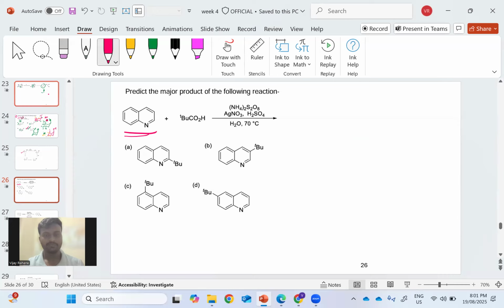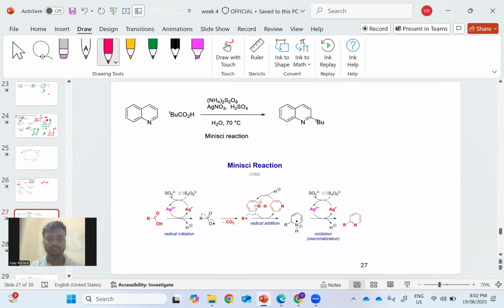we have been given a starting material and then the tertiary butyl. So this tertiary butyl will be in this manner, C double bond OH. This is the tertiary butyl acid, right? And we have been given (NH4)2S2O8, AgNO3, H2SO4, water at 70 degrees Celsius.